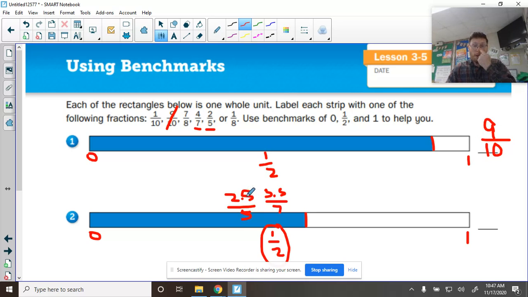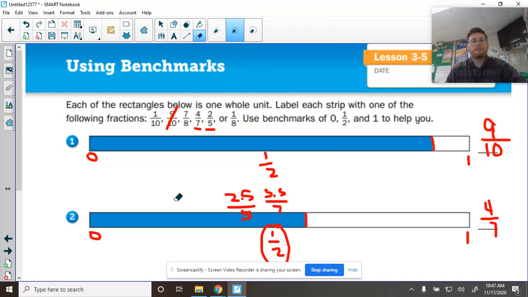So this is 4 out of 7, a little bit higher than half. This one's 2/5, which would be lower or less than 1/2. So this line, since it's larger than 1/2, needs to be 4/7. Hopefully you could understand that concept some.